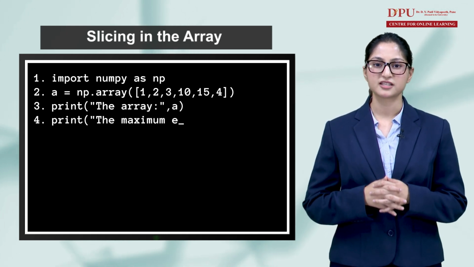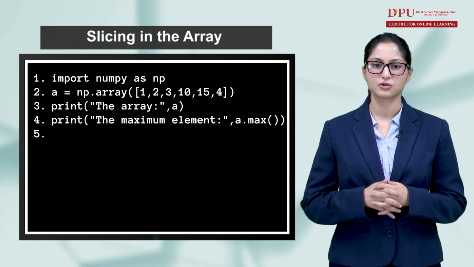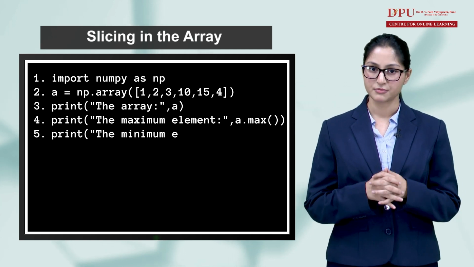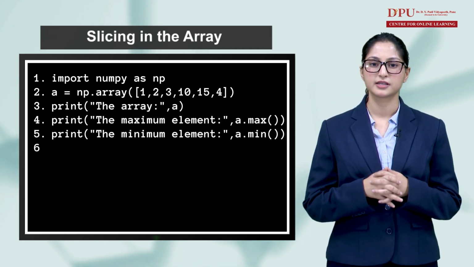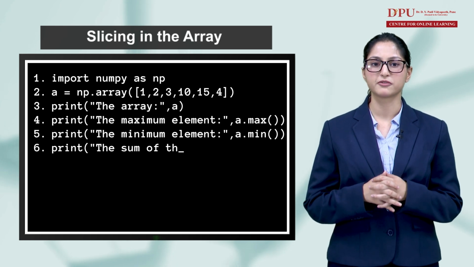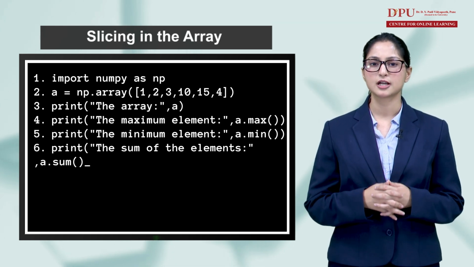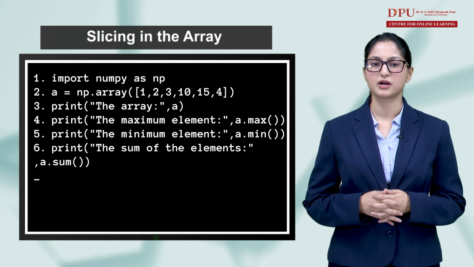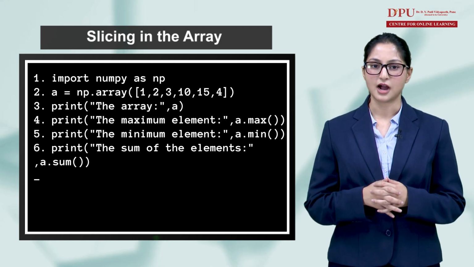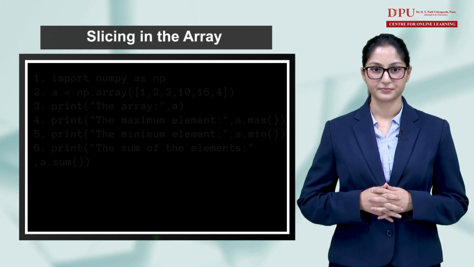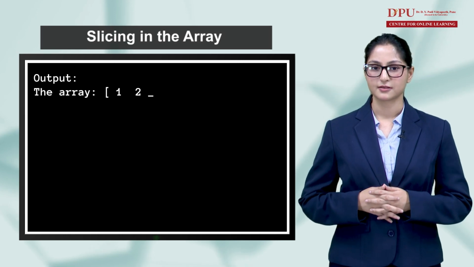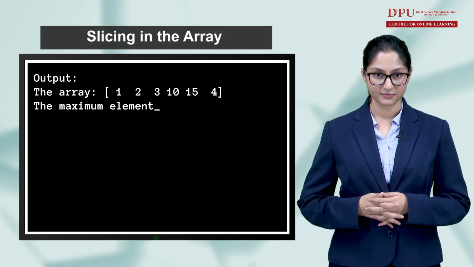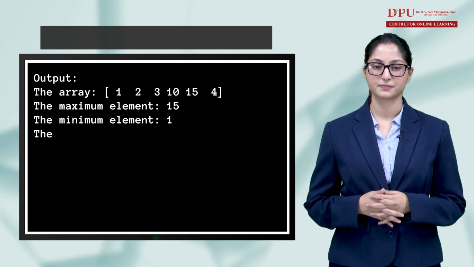Print "the maximum element is", comma a.max(). Print "the minimum element is", comma a.min(). Print "the sum of the elements is", comma a.sum(). Output: the array is, the maximum element is, the minimum element is, and the sum of the elements is.